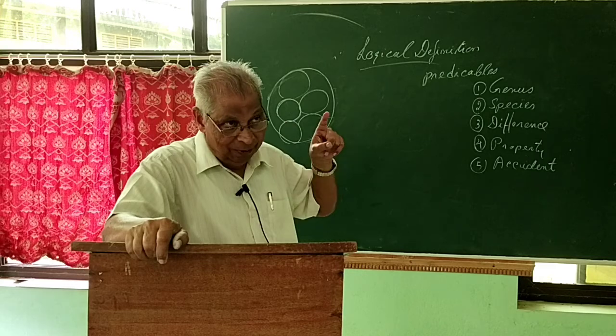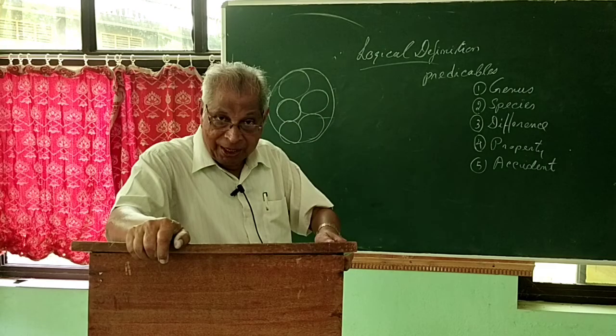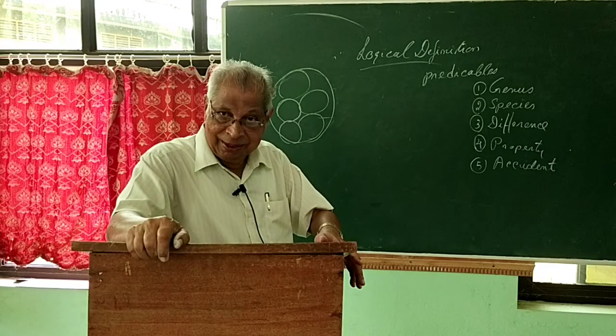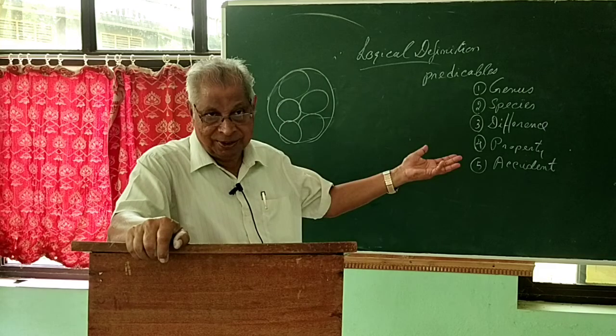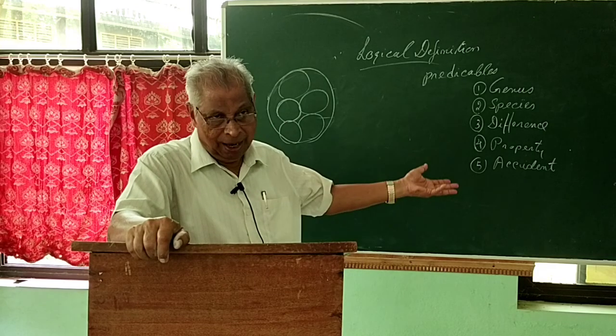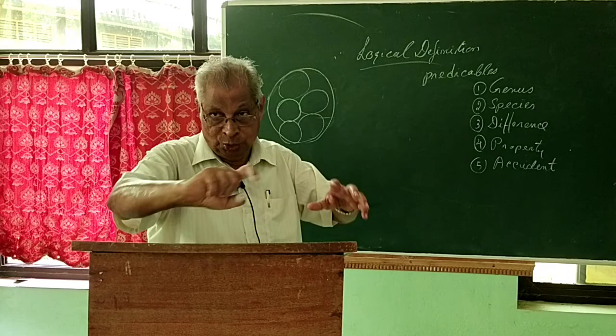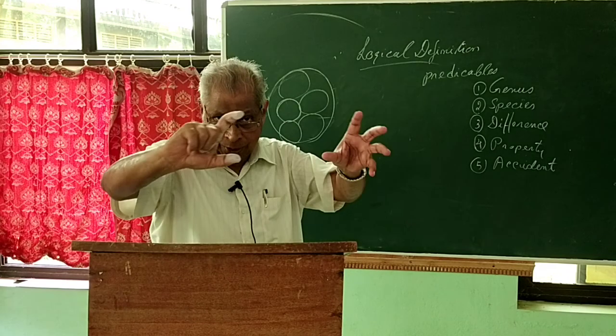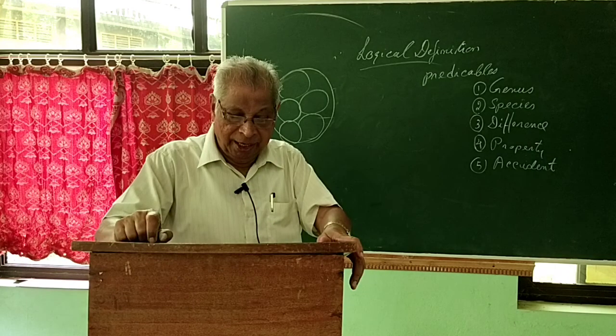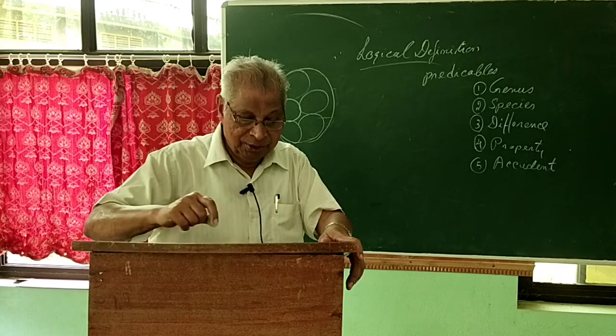It is in view of that that we have referred to the predicables, which are the various predicates, and five kinds of predicates are there. And what are they? Genus, species, difference, property and accident. Together they are called predicables. And with this, today we stop.